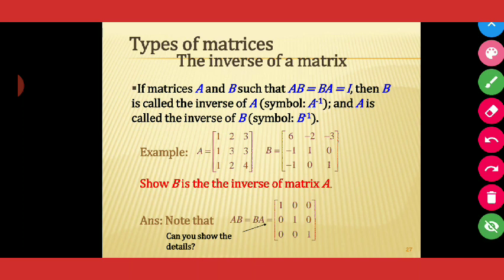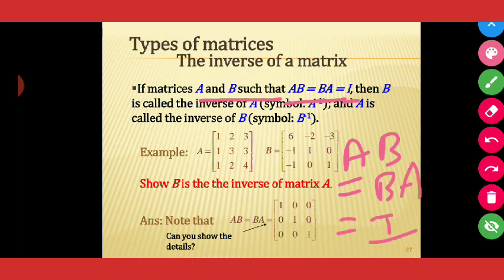Next, now we discuss inverse. So for inverse, A and B are two matrices such that AB equal to BA equal to I, means AB equal to BA, that is A and B commute, and this gives identity matrix.